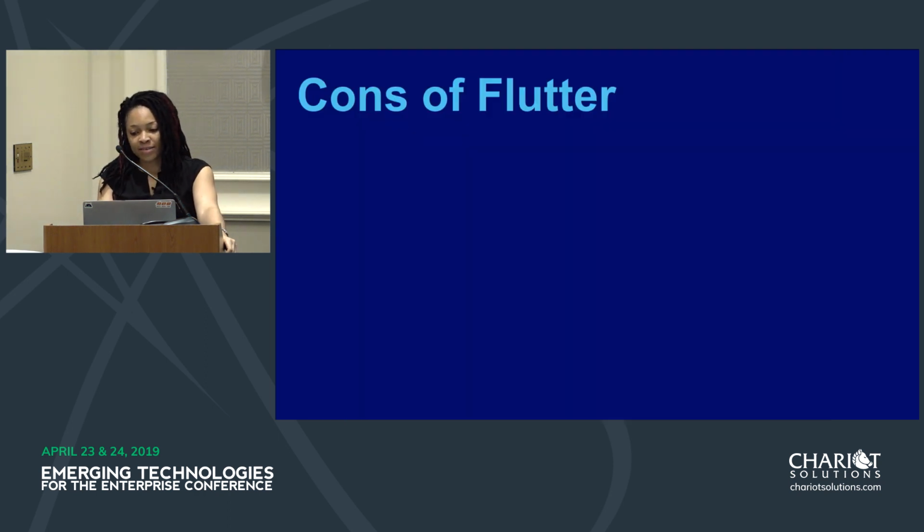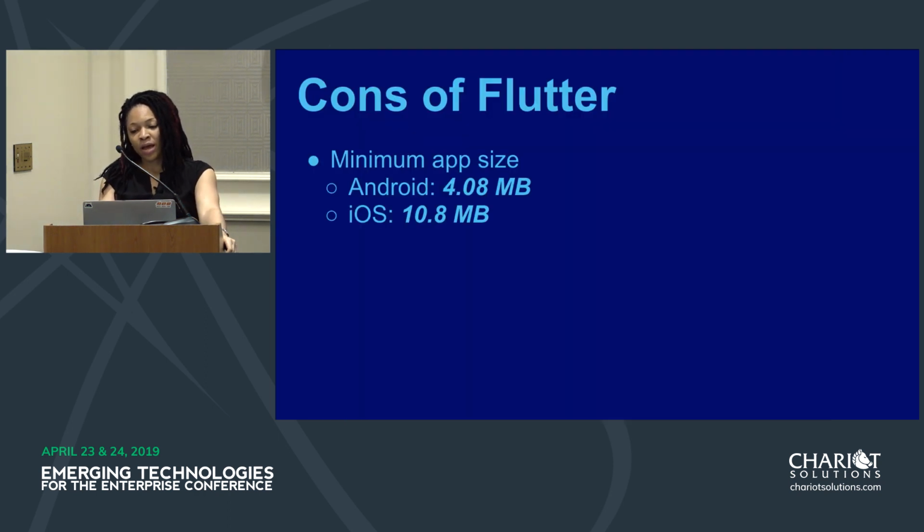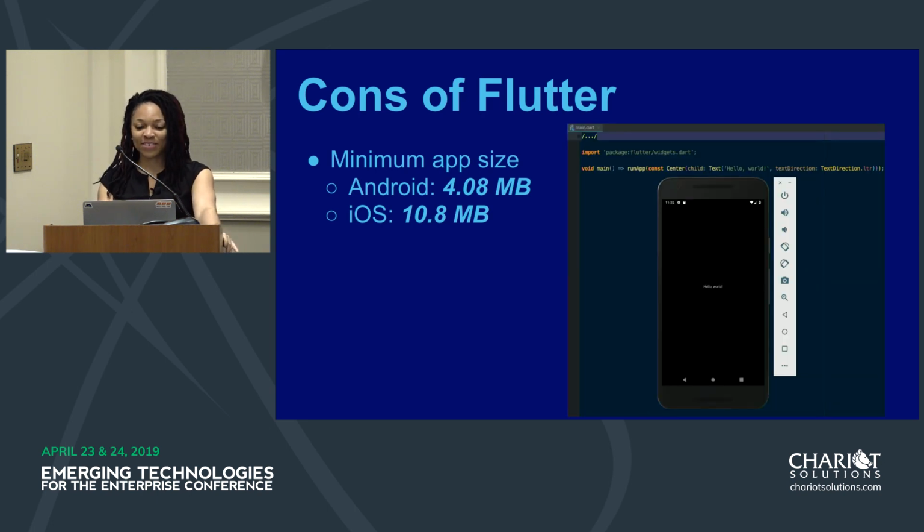Another con is that for a simple, bare bones, hello world application, the minimum APK size or the iOS app size would be, for the iOS side, 10.8 MB, and for Android, 4.08 MB. And if you're curious how that application looks, it's just this. It's one line of code that just says hello world, but it's going to be big on your phone.